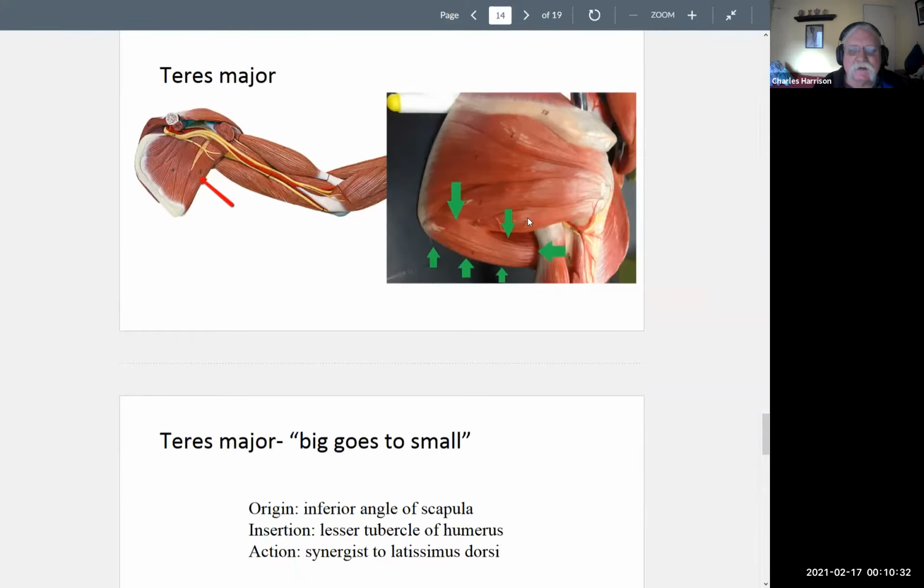The teres minor is a rotator cuff muscle, helps move the head of the humerus in the glenoid fossa. So teres major, teres minor, infraspinatus, this is also infraspinatus, this is also infraspinatus.